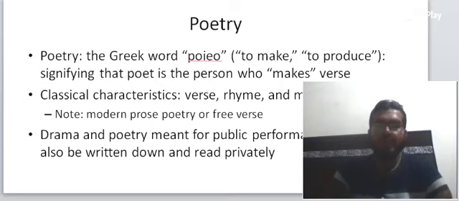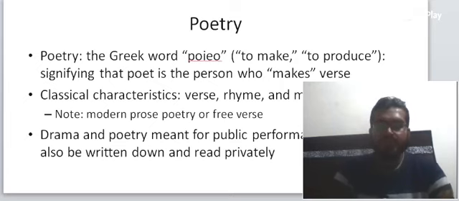Now, if we look at poetry, it is probably the most difficult genre of literature to define very precisely. But if we consider classical characteristics of poetry, these are verse, rhyme and meter. Now again, these terms need to be explained, and I'll be talking about them in my upcoming discussions.